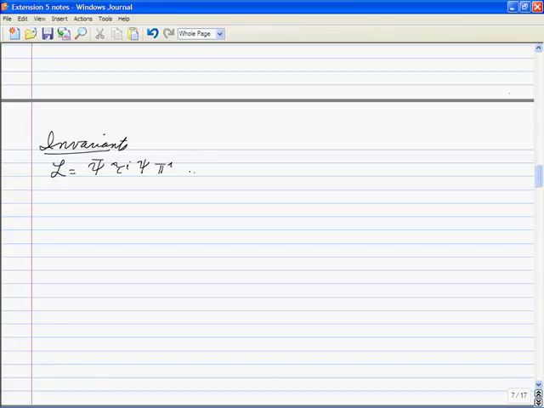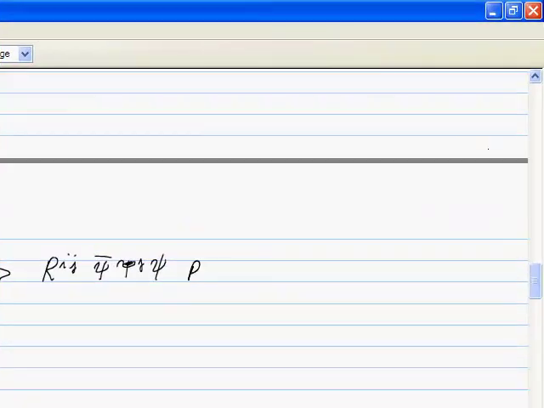That's an invariant because this transforms into R_ij psi bar tau_j psi R_ik pi_k, but by the invariance properties that turns into delta_jk.